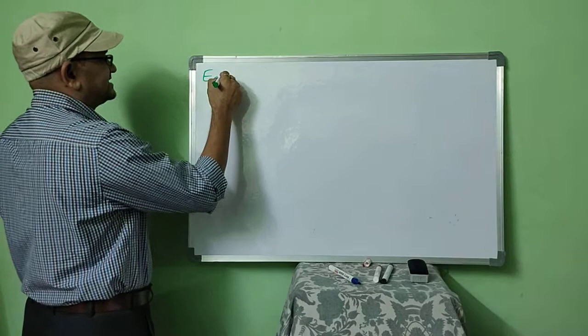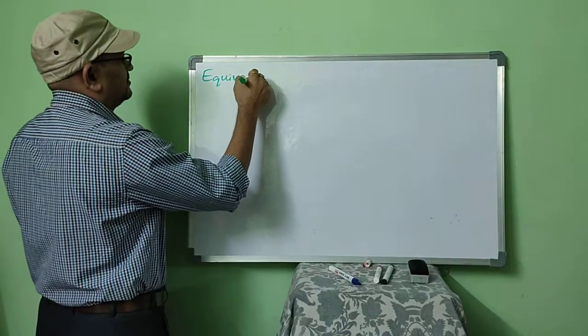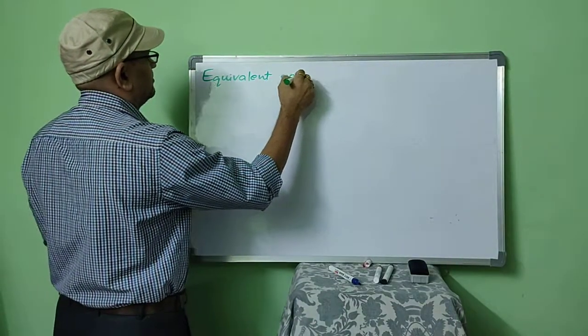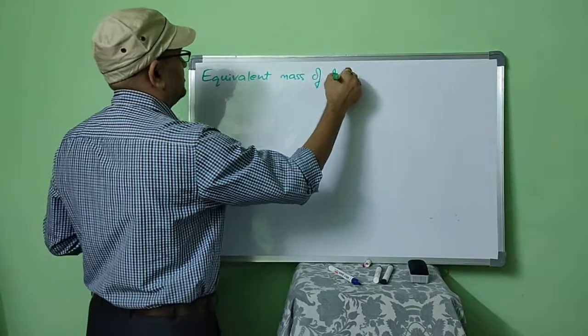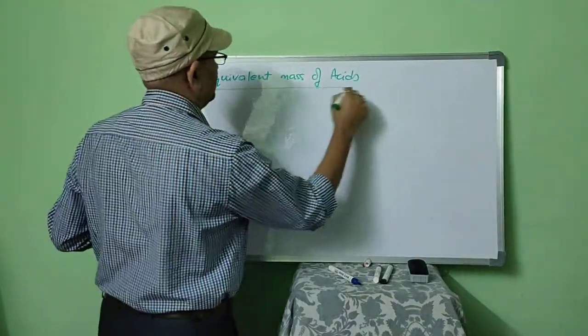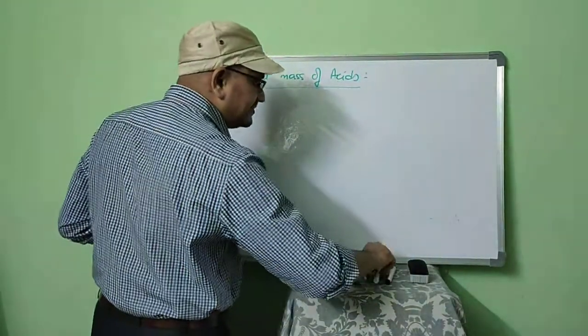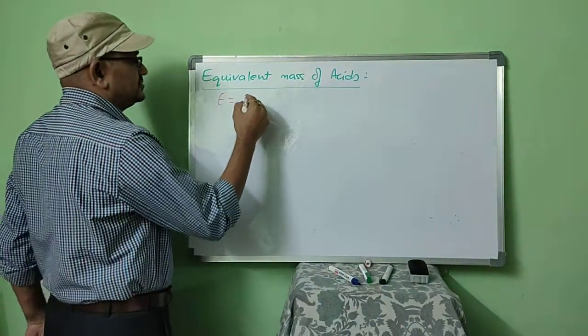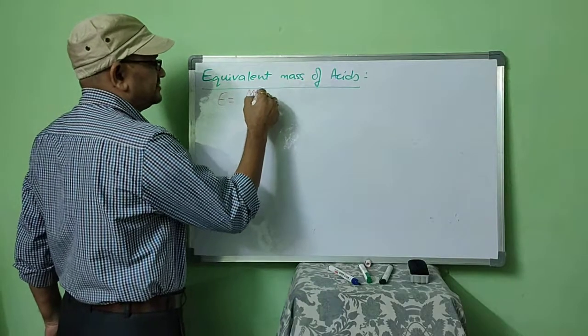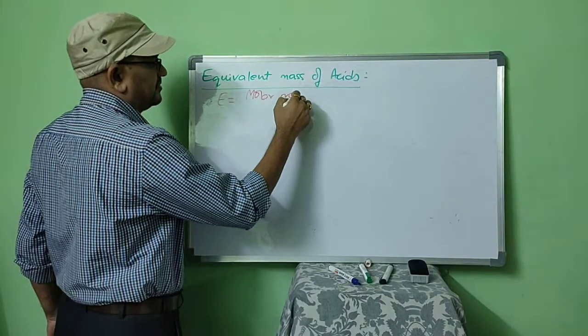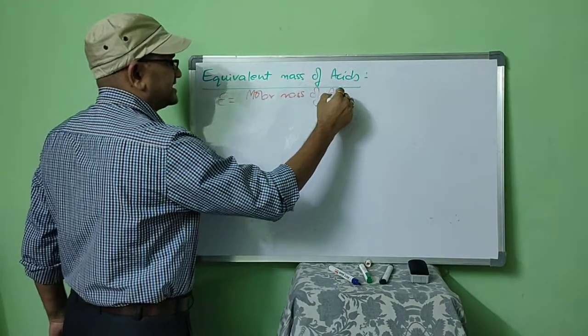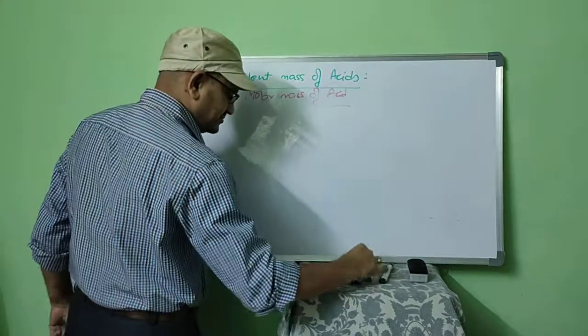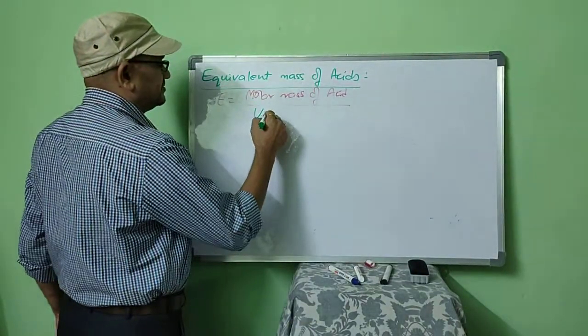Equivalent mass of acids can be calculated with the relation: equivalent mass is equal to molar mass of acid by its valency factor.